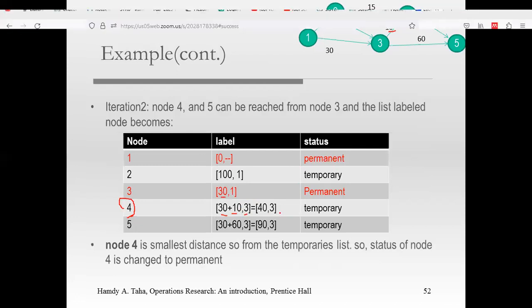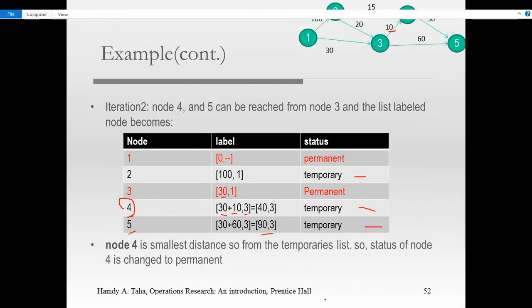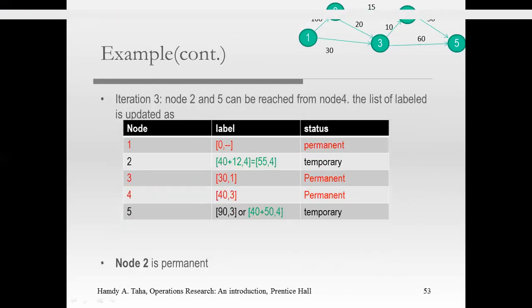So 40 from 3, and then from 3 to 5 is 90 from 3. Of course, we select the shortest one. We have 2 options, that is temporary. This one, or this one. Which one is the shortest? Of course, the shortest is 40. That's why node 4 will be changed to permanent. You can see.